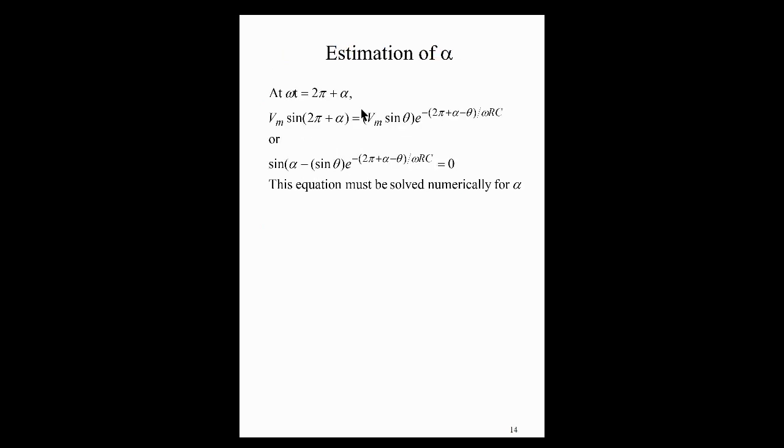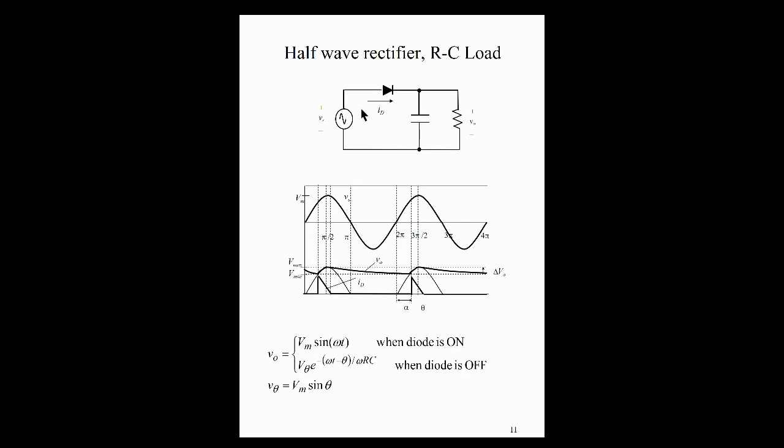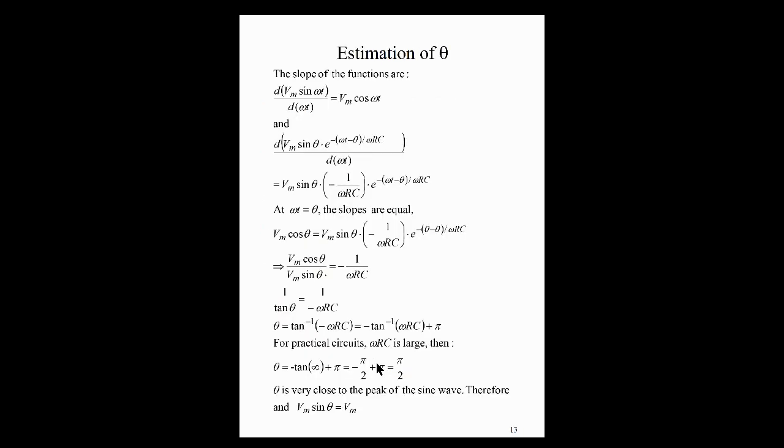Also, there's another section. This section is just Vm sine theta e to the minus omega t minus theta over omega rc. We're going to find the first derivative of that expression here.